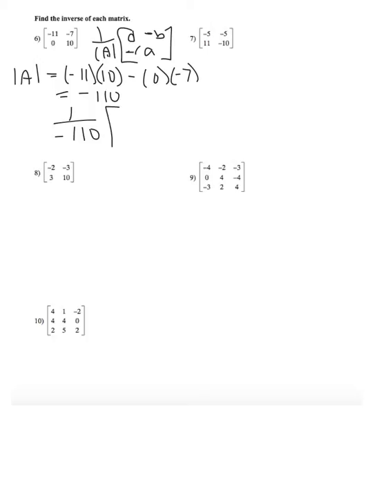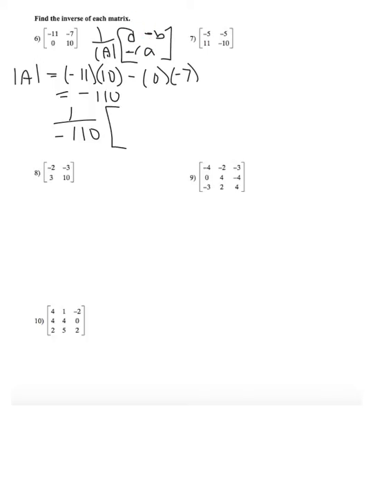Okay, so the determinant of A is simply negative 11 times 10 minus 0 times negative 7. Negative 11 times 10 is negative 110 minus 0. So there's the determinant. So it's going to be 1 over negative 110 times the matrix.